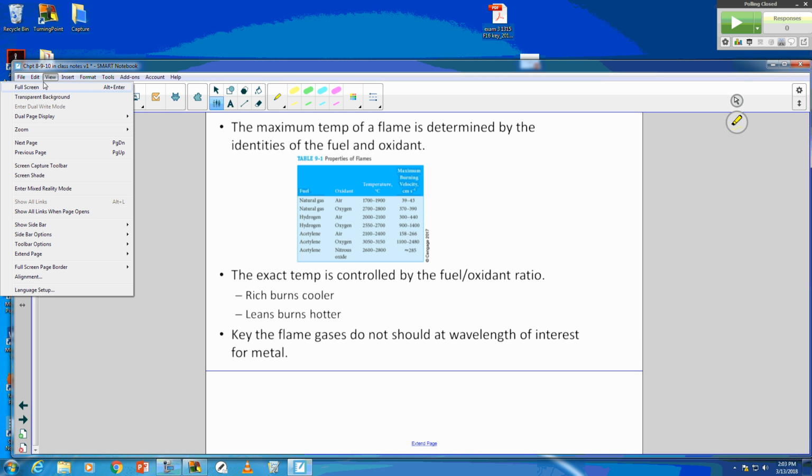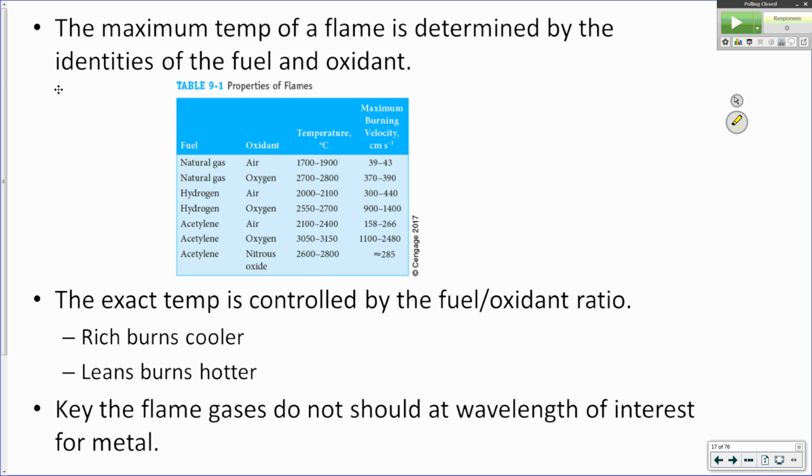So if we can change the gases around, we can get different temperatures. Going from something like natural gas and air, which is what a Bunsen burner is going to be, that can get you 1700 to 1900 degrees, depending on whether you've got the flame leaned out or burning rich.